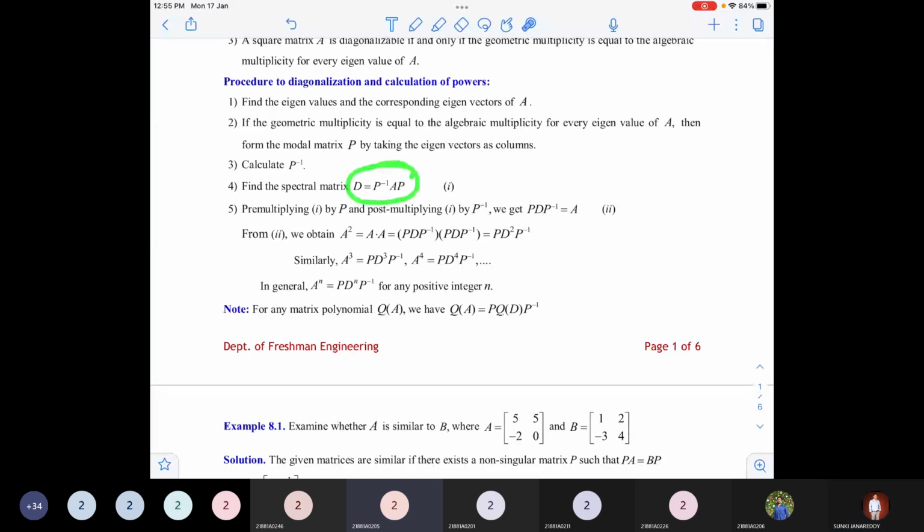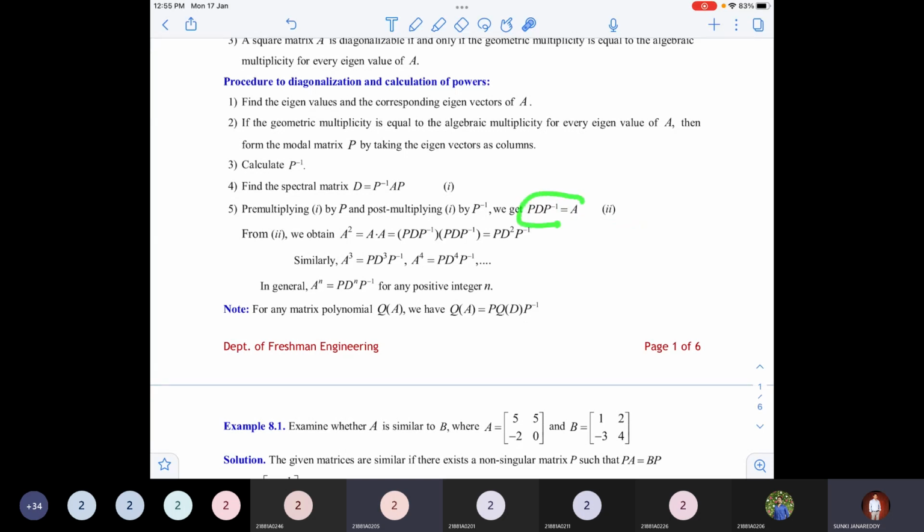Pre multiply with P and post multiply with P inverse for equation number 1. Then you can get like this. Take it as equation number 1.